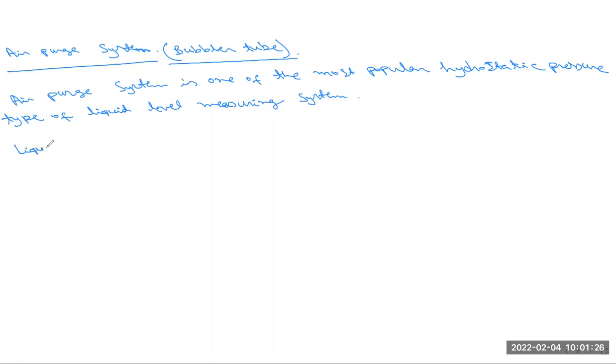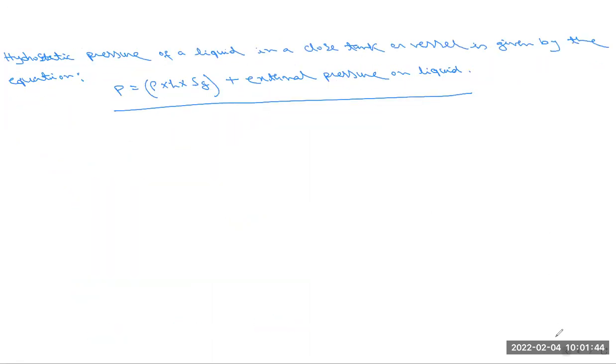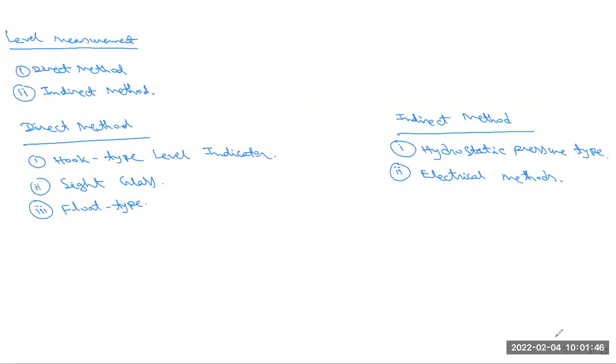Using this system, you apply the pressure of the particular liquid, which is why it is called the liquid purge system for level measurement. So up to this part, we have covered the first one, the hydrostatic pressure type.